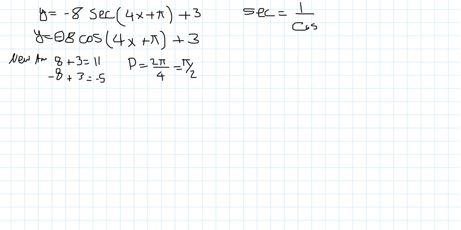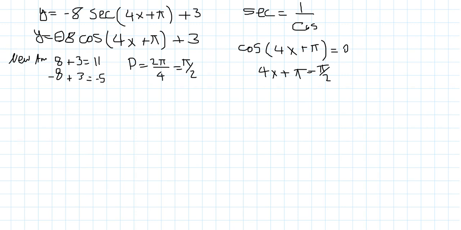And I should find where 4x plus pi is equal to 0. I know cosine of 4x plus pi equals 0. So I know where cosine is 0, so I can say 4x plus pi is equal to pi over 2. On pi over 2 cosine is 0.